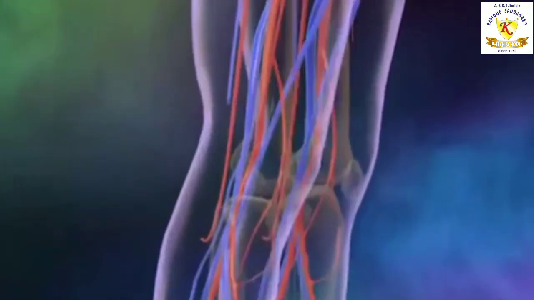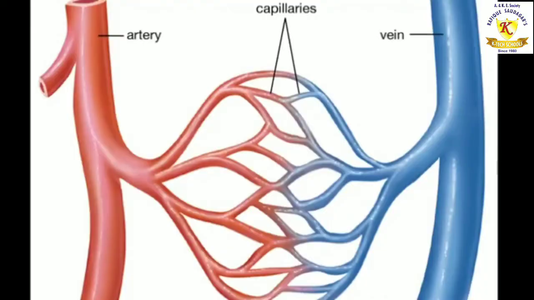Now, close to the body tissues, these arteries get connected to the capillary network, which are very thin, just one cell thick vessels. These are the smallest blood vessels. Veins are connected to the other side of the capillaries.